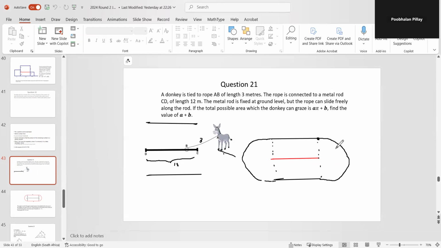So we need to calculate that area. Now remember, this rope is 3 meters here, and it's taut at these places. And the rod is 12 meters.